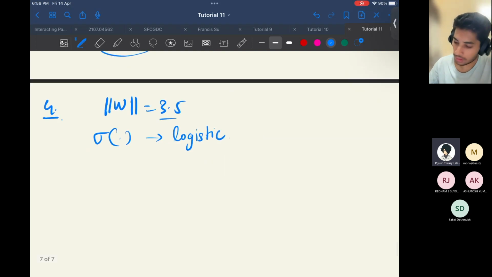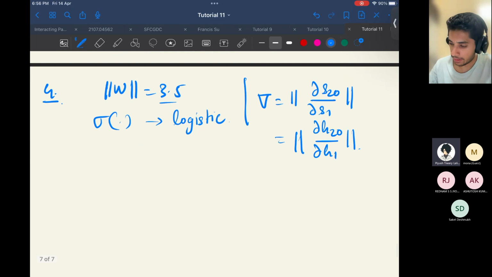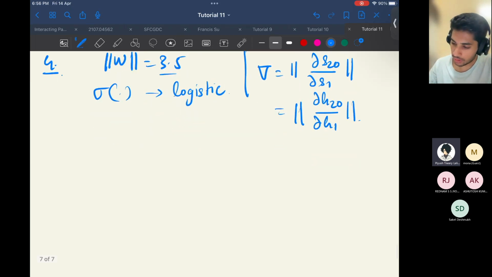And they have defined some quantity nebula, which is norm of del S20 by del S1. So S is, I think, the equivalent notation for H that I have been using, del H20 by del H1. So this is what they're saying. Let's see what this quantity will look like.